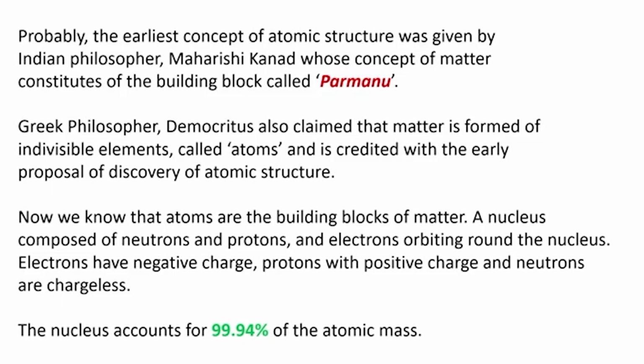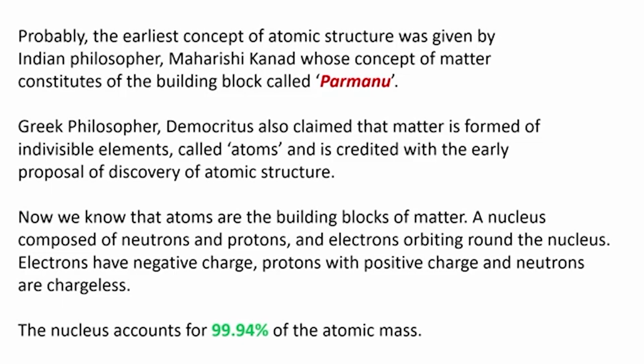Electrons have negative charge, protons have equal but positive charge, and neutrons are chargeless, though neutrons have a magnetic moment, which is important for certain kinds of experiments. The nucleus accounts for 99.94% of the atomic mass.